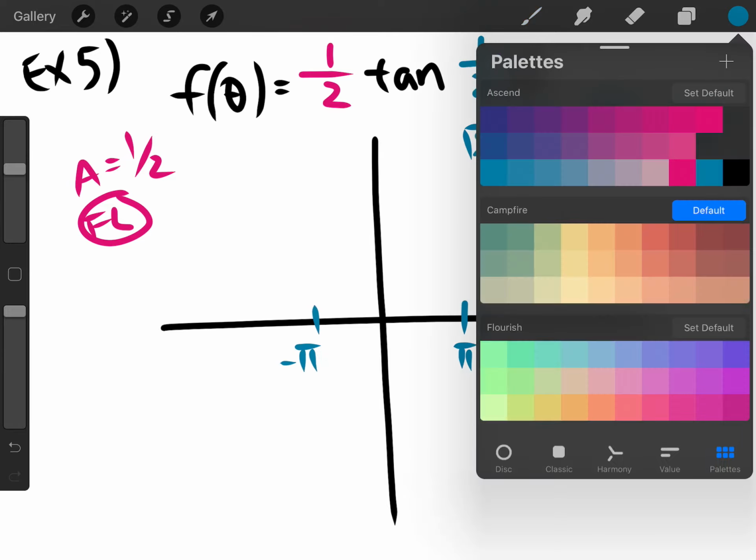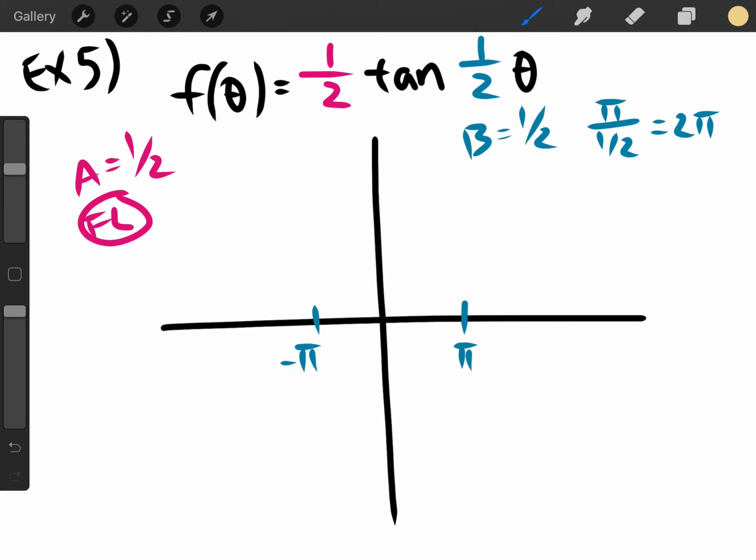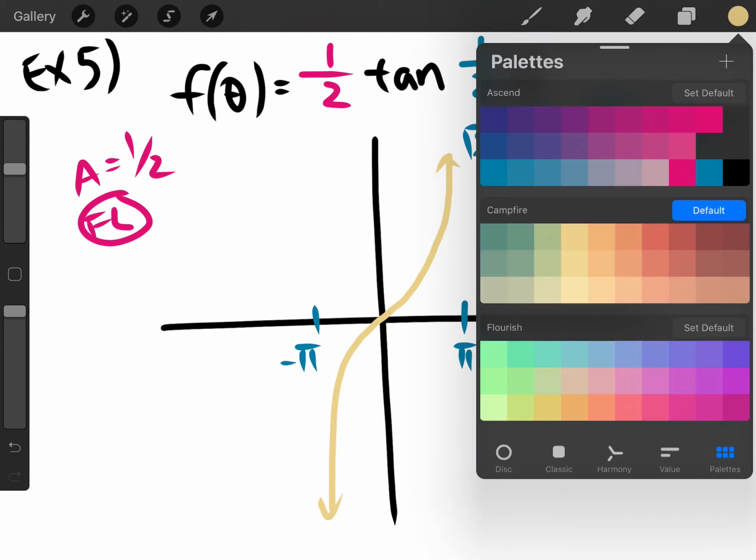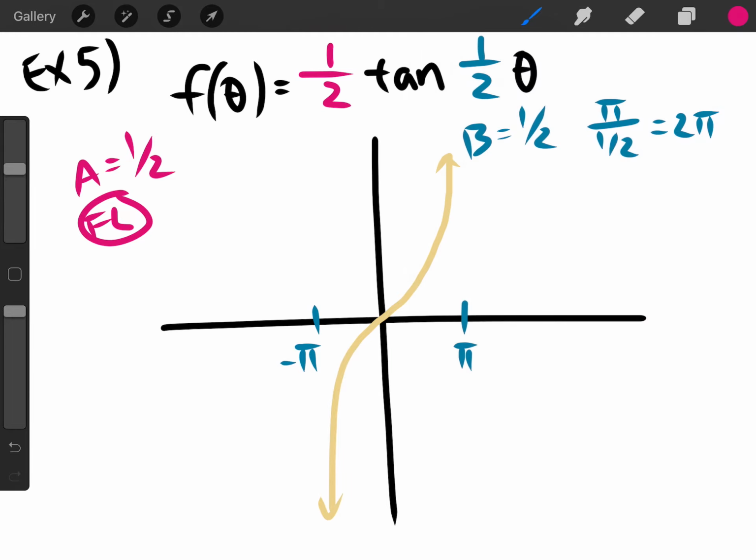Let's draw the parent function, because the steepness is going to change. So the parent function looks like this. Now I'm going to draw something flatter. The curve in pink shows the answer for 1/2 tangent.